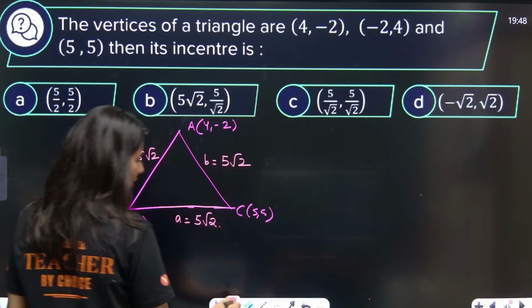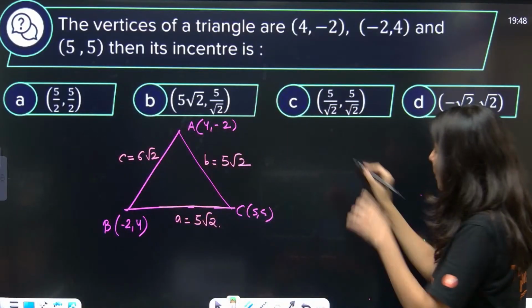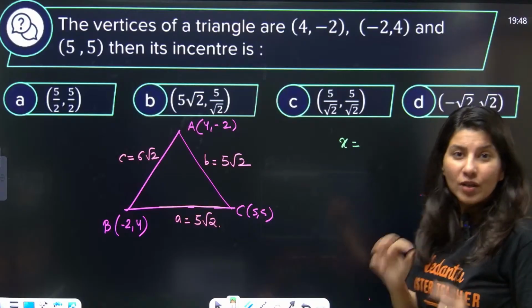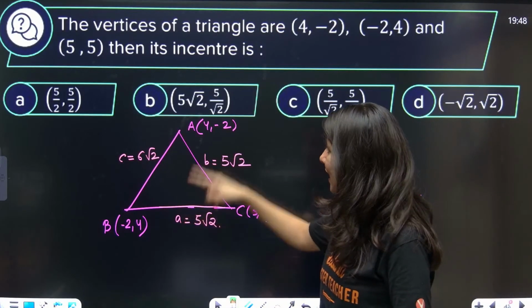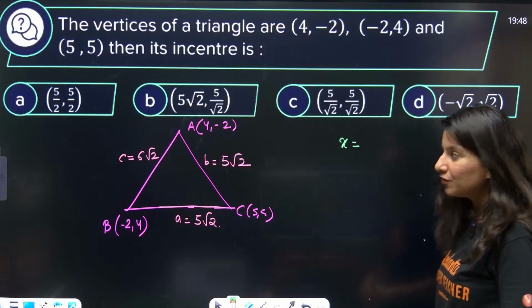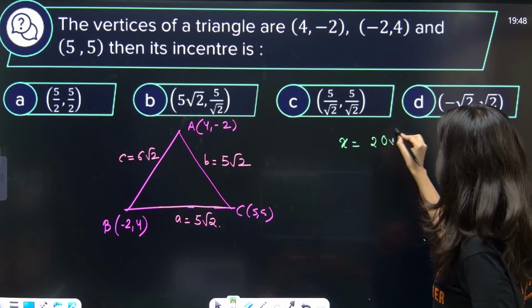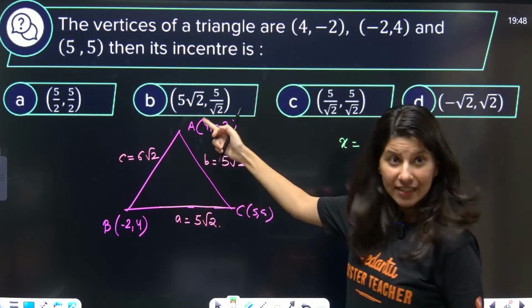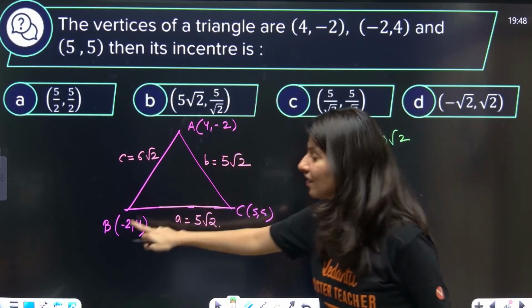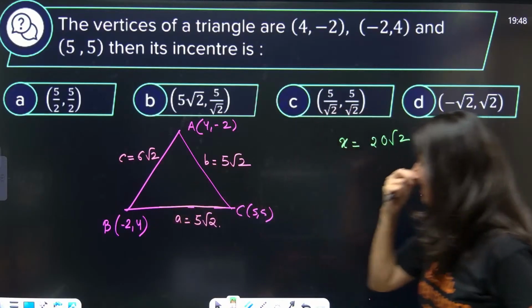I think the question has become easy for you. X coordinate, everybody. Do not write the formula. Just write this: a x1, so 5 root 2 into 4 is 20 root 2. Then b x2, so minus 10 root 2.